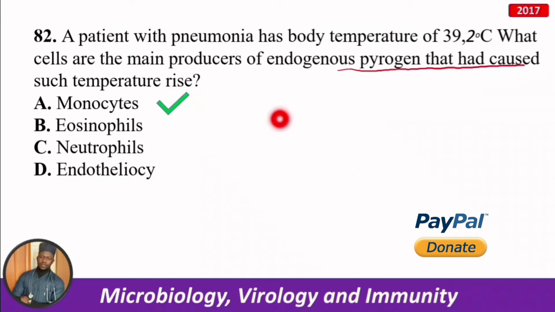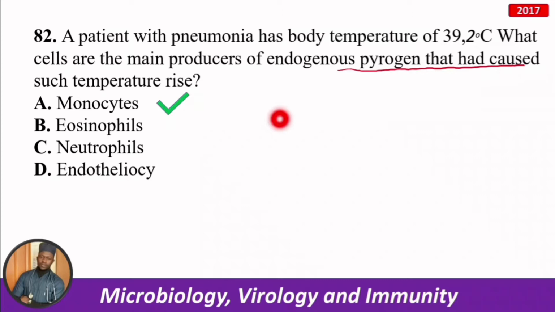You know what else is produced by monocytes is interleukin 6. Interleukin 6 will go to the liver and stimulate the synthesis of acute phase reactive proteins like C-reactive protein. And another one is tumor necrosis factor alpha.